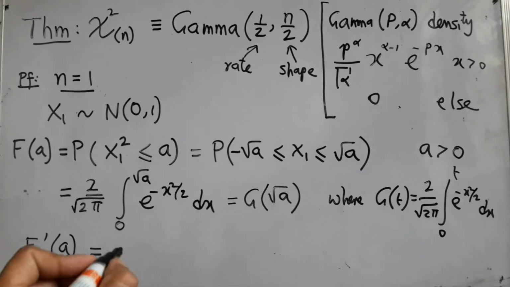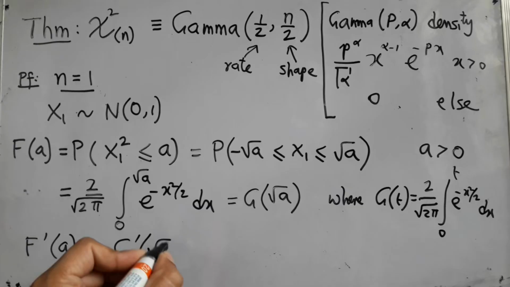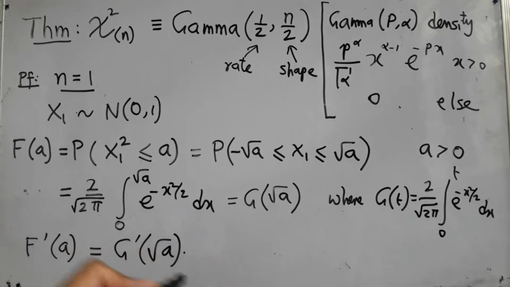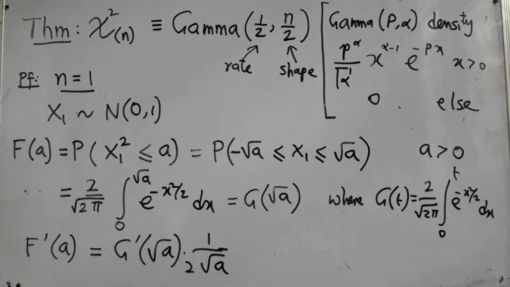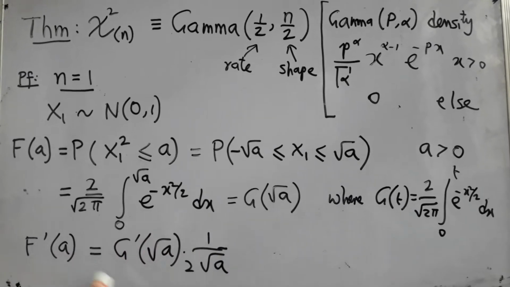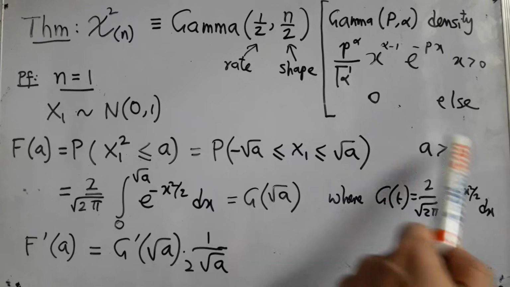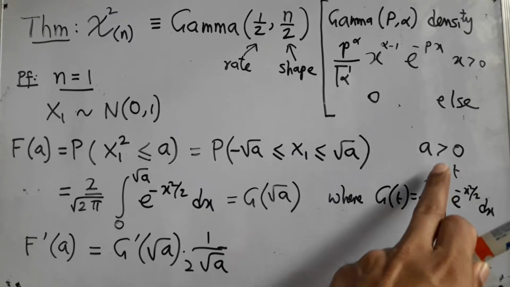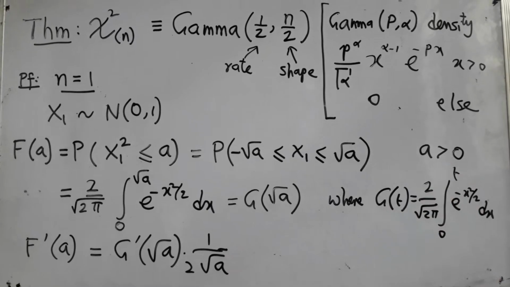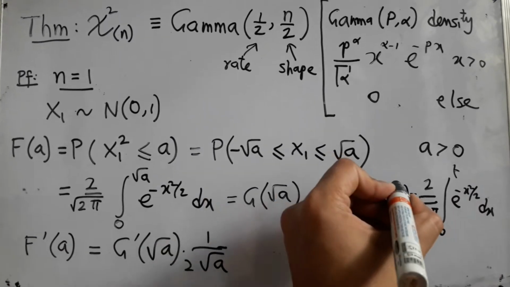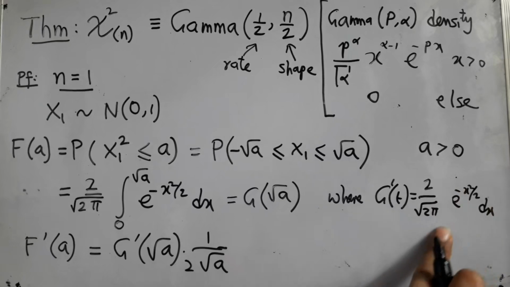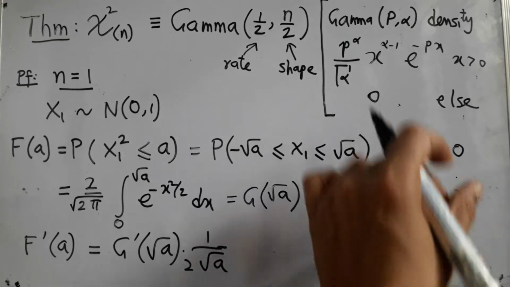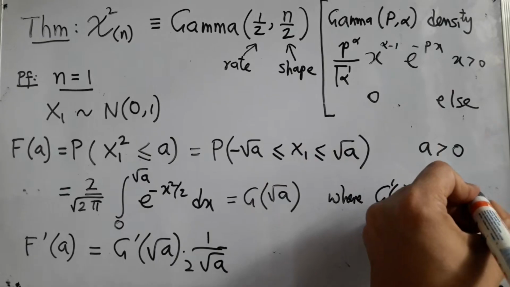I first differentiate g dash at root a, and then I differentiate root a with respect to a. Now g dash can be quickly computed from here merely by bringing the t down. So g dash t is, forget about the integral, the normal density, and in place of x you just put t.